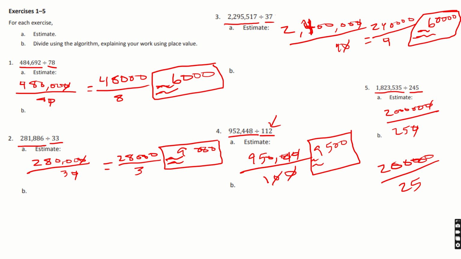Well, I can also use this and scale it up. If I multiplied the top and the bottom by 4, the top would be an 8 and then 5 zeros, and the bottom I'd get 100. And now I have more zeros to be able to cancel, and I'm left with somewhere around 8,000, give or take.